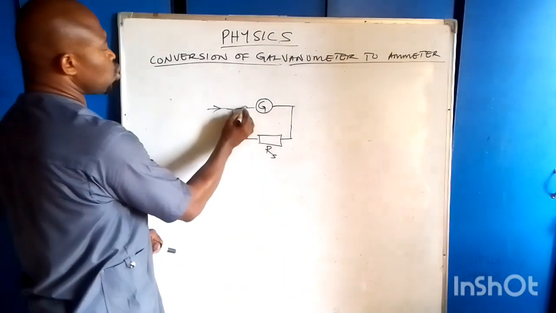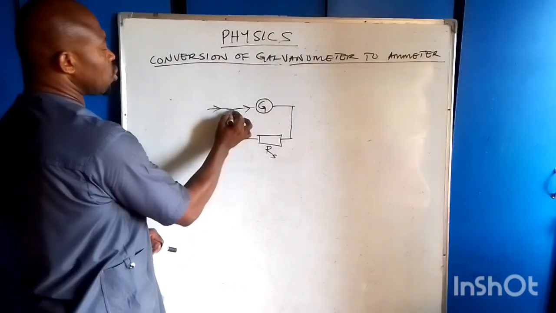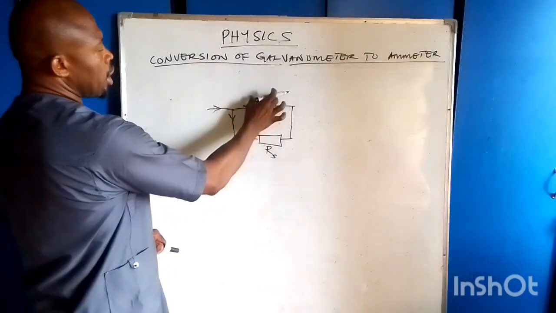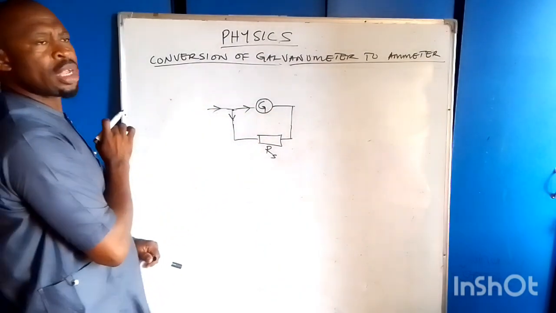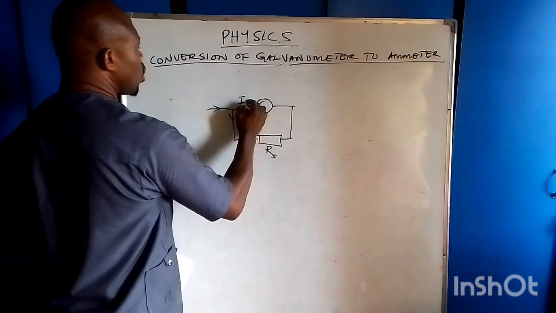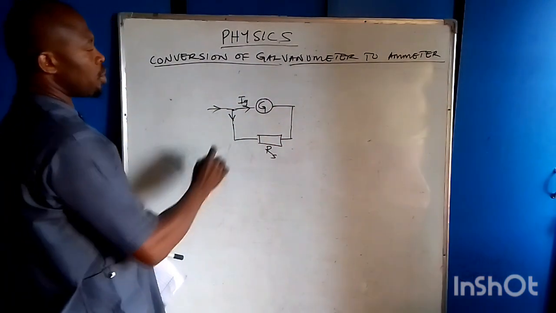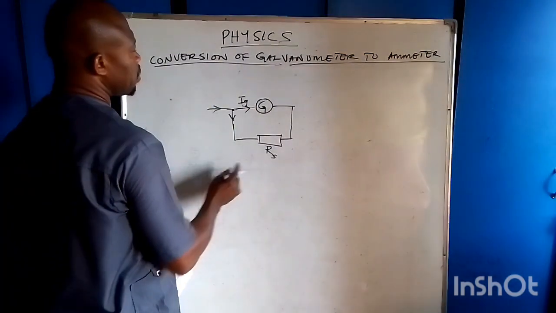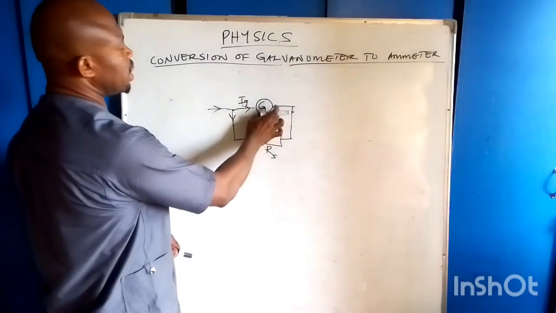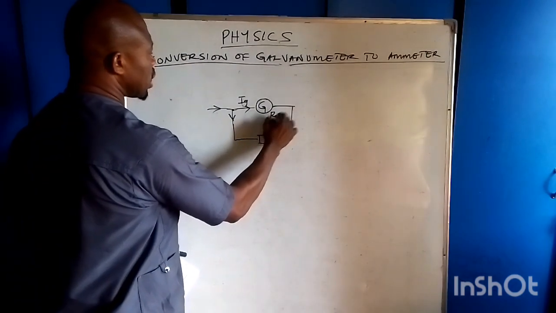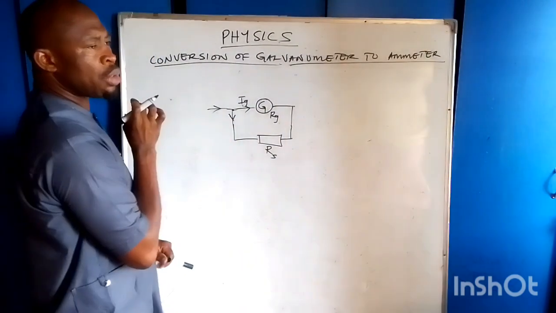Now, this current will still pass through. On getting to this junction, it can now come down here. Remember, this is a pointer instrument. The current flowing through this one, we can call it Ig, which is the current through the galvanometer. This galvanometer has a resistance, and the resistance of this galvanometer is Rg.